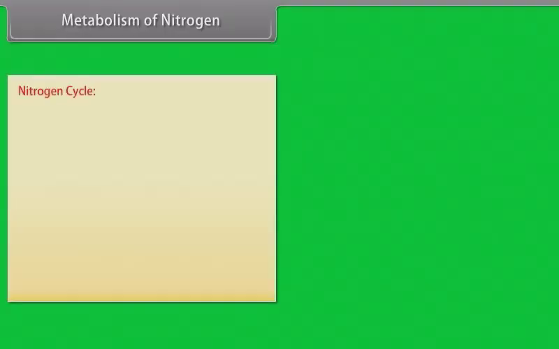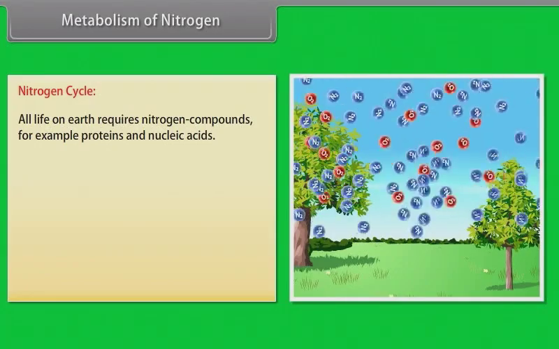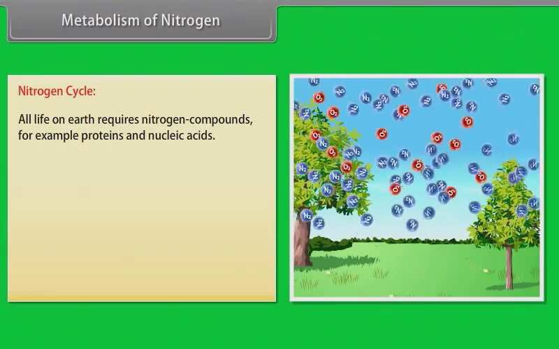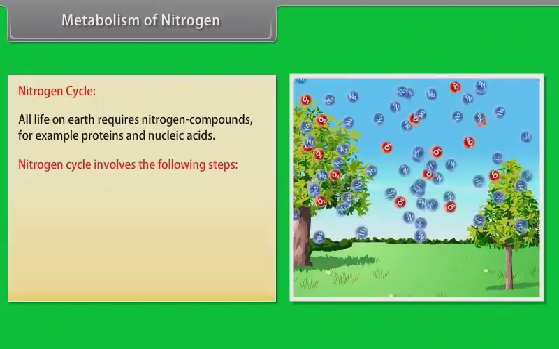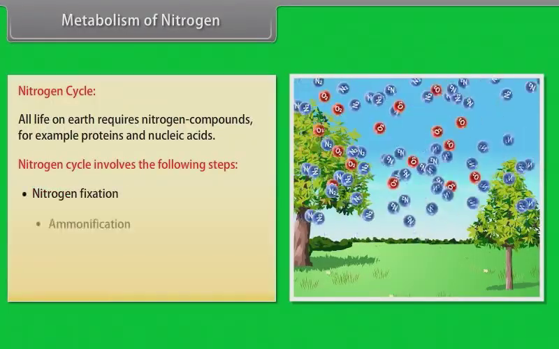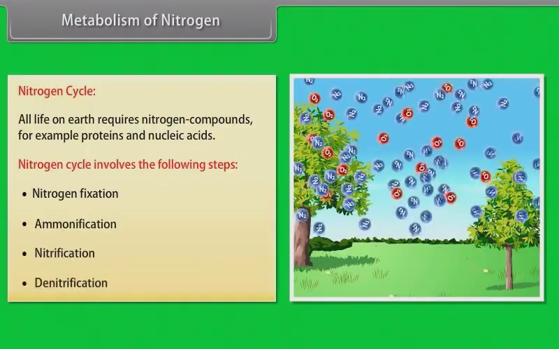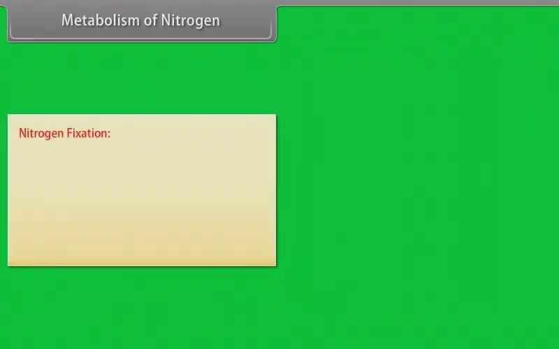Metabolism of nitrogen. Nitrogen cycle. All life on Earth requires nitrogen compounds, for example, proteins and nucleic acids. The nitrogen cycle involves the following steps: nitrogen fixation, ammonification, nitrification, denitrification. Nitrogen fixation.